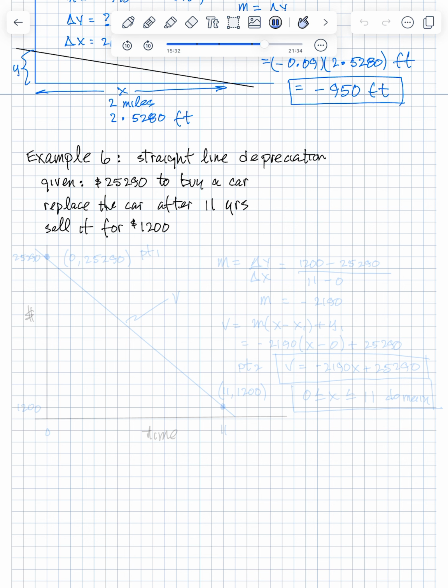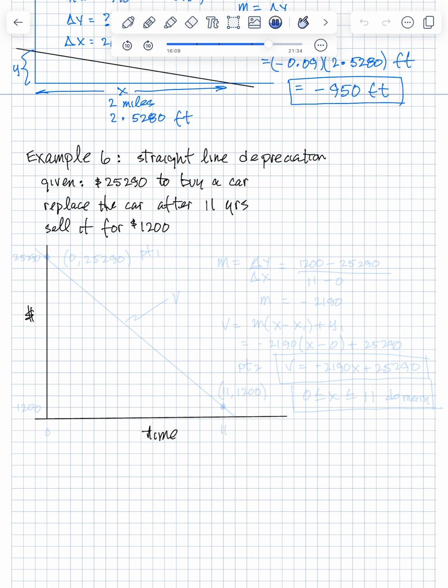So let's first just draw and see what this is going to look like on a graph. So we'll start off with our graph. And this doesn't have to be to scale, but this is going to be time on the x-axis, and this is going to be dollars on the y-axis.